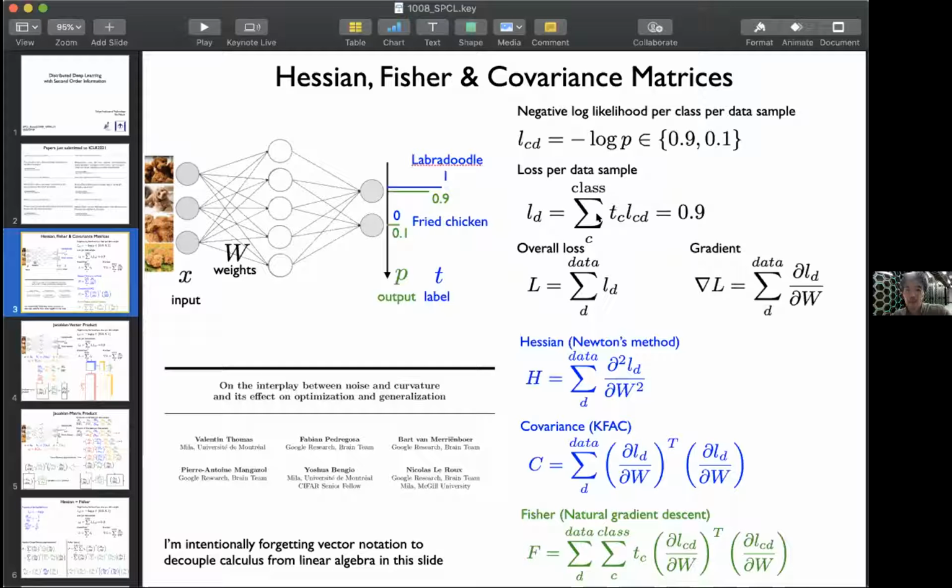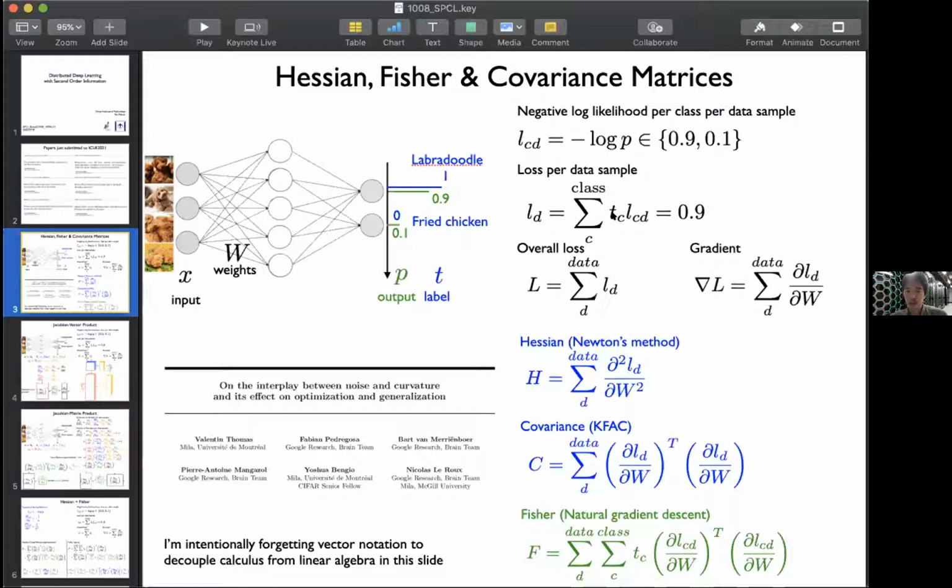So when you multiply the true distribution T, the one-hot vector of labels, by the minus log P, then you get the loss per data sample. In this case, it's 0.9. So it looks at one of these images and thinks it's a labradoodle at 0.9% confidence. And then you need to actually average over the samples.